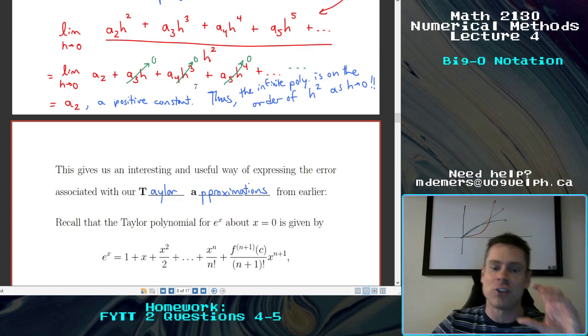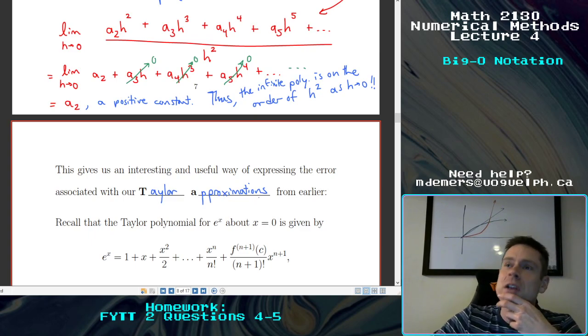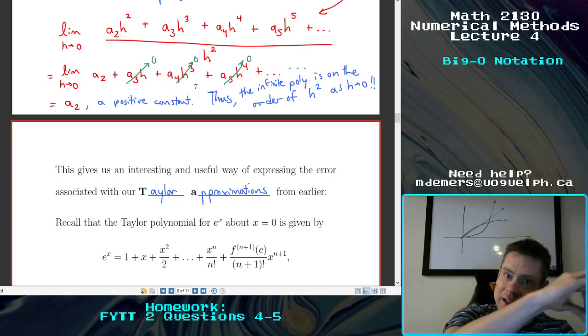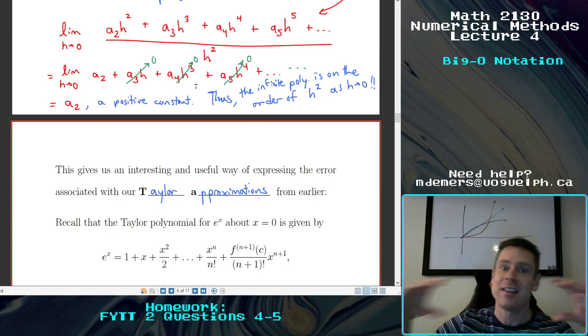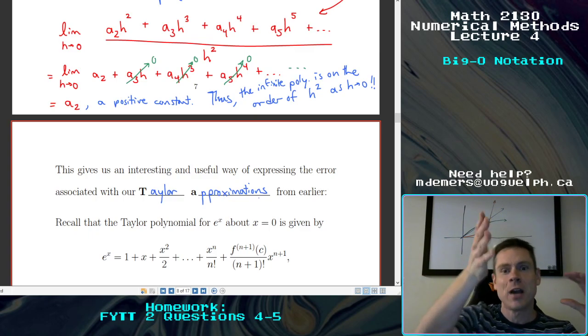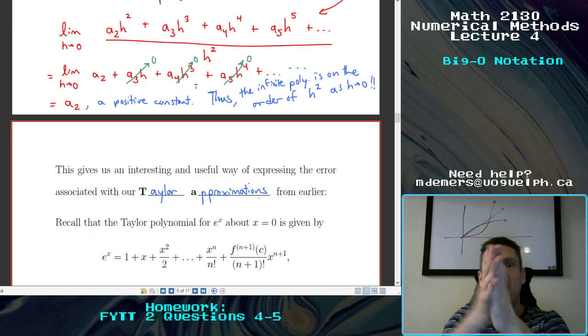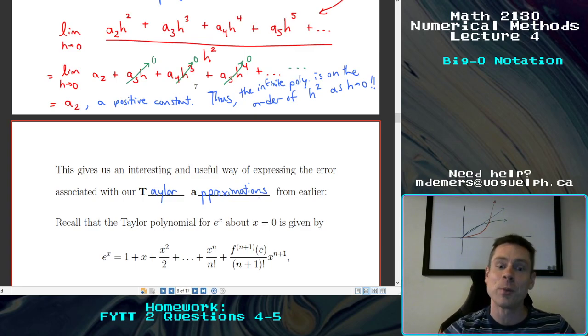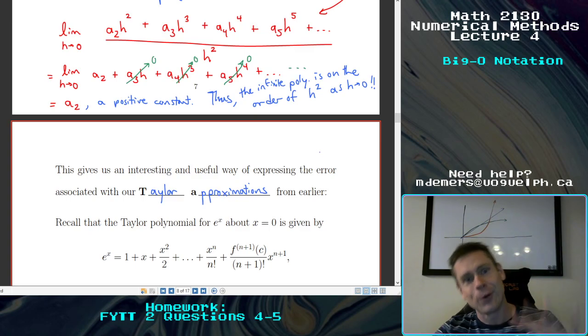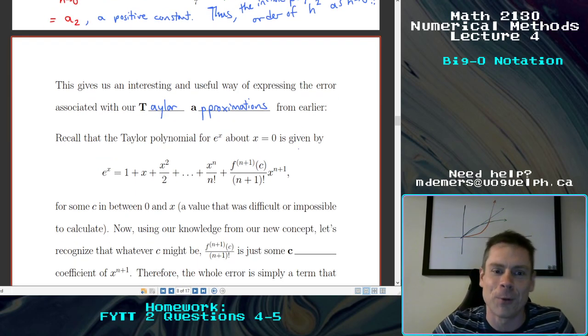You can look at the error term, which we're going to do right here, or you can simply think of the exact value of a function as equal to its infinite Taylor expansion. If you cut that off at a certain place, well, you're off by the other terms. I would like a way to describe those other terms, so we can either do so using the error formulation from before, or, well, we're going to talk about it more here.